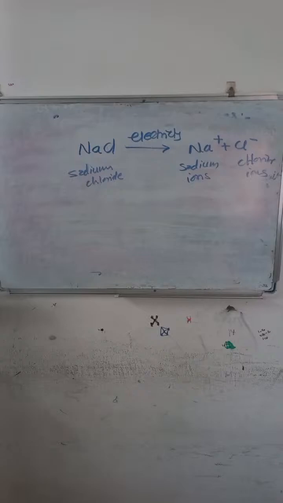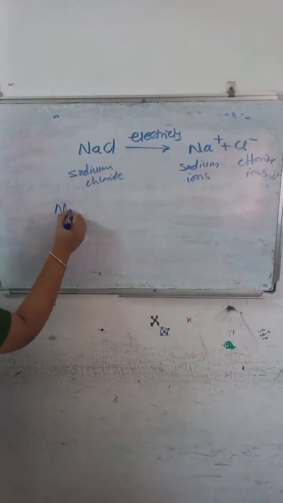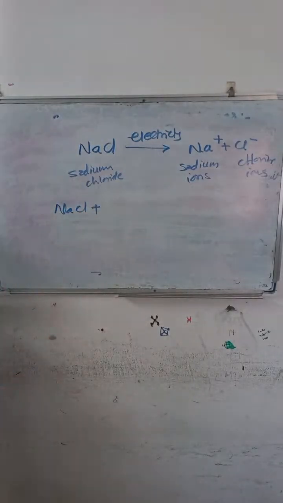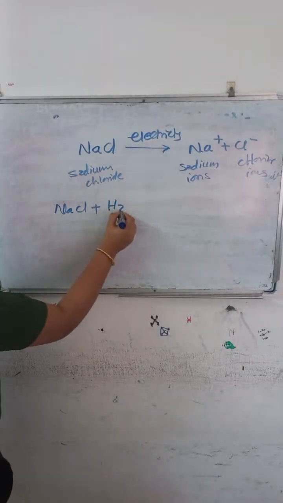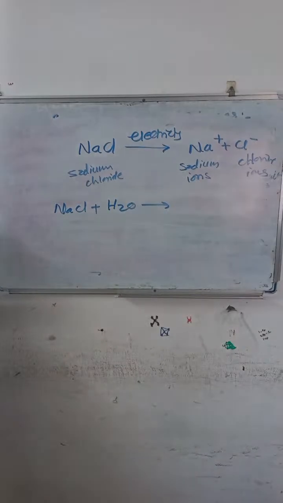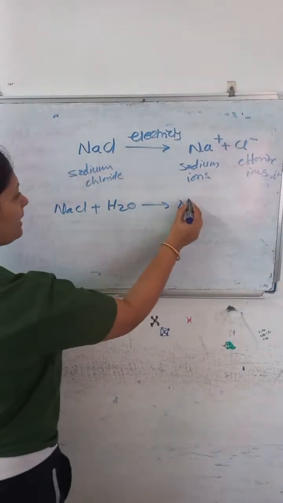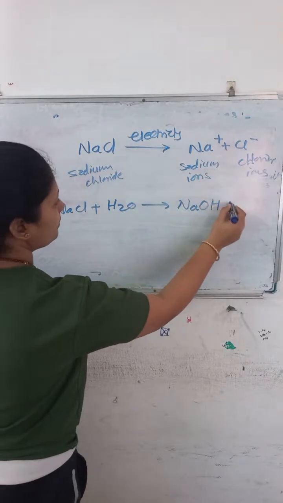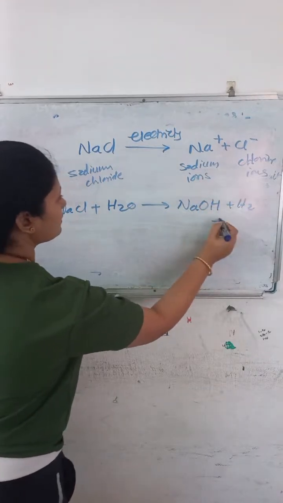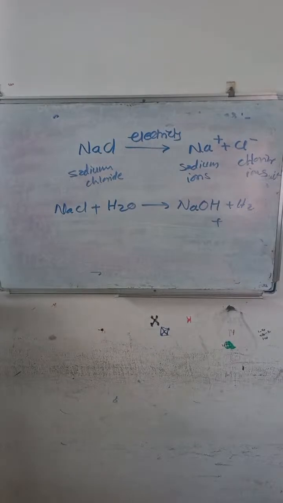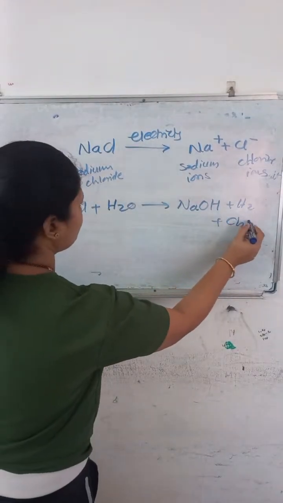First I will write here sodium chloride, plus we have water over here, and when you are passing electricity through this, it forms sodium hydroxide plus H2 gas, plus it forms chlorine gas, Cl2.